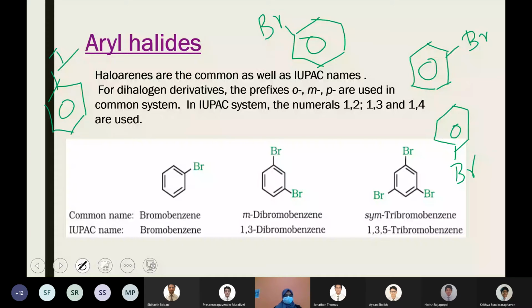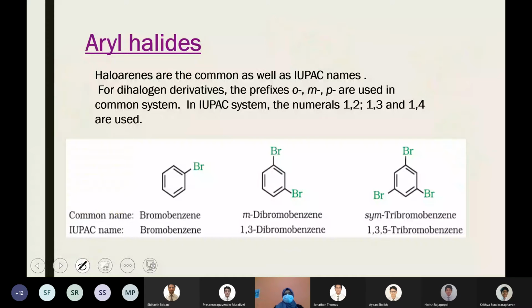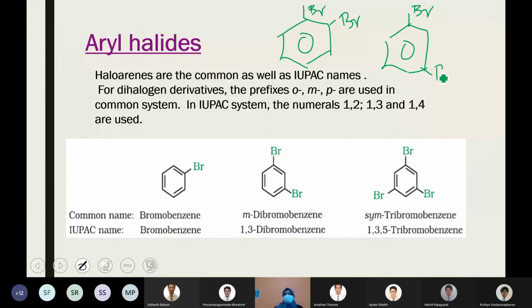So that I can show you clearly here. If you have one bromine here and another bromine here; in the second example, one bromine here and another one here; in the third example, one bromine here and another here. How are you going to differentiate these three molecules, which I have drawn, derivatives of benzene with two bromines attached?